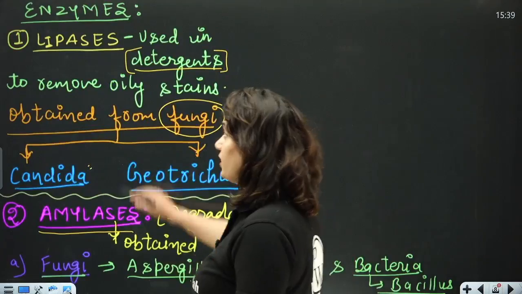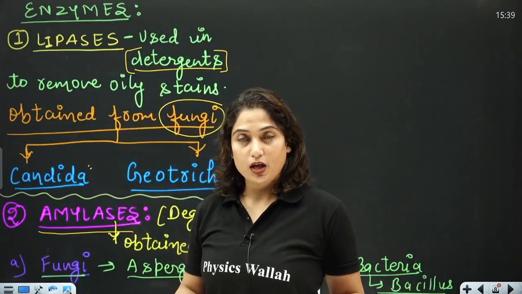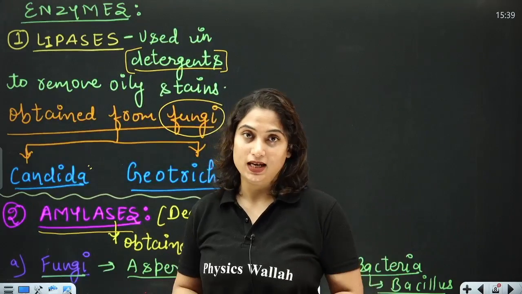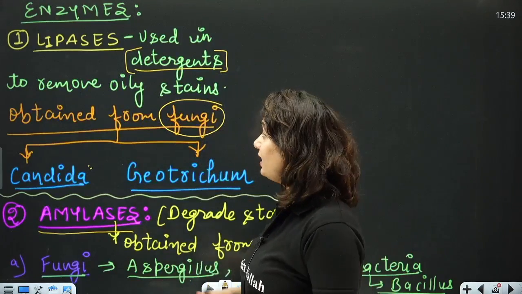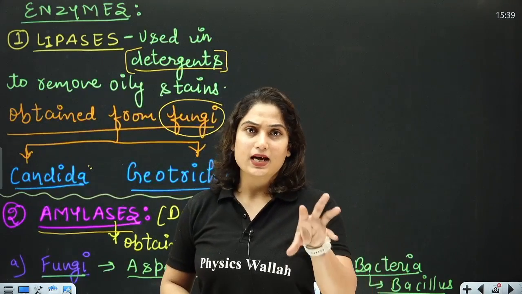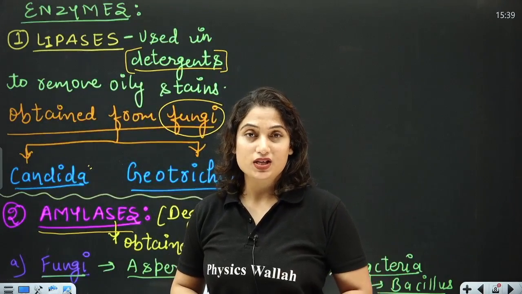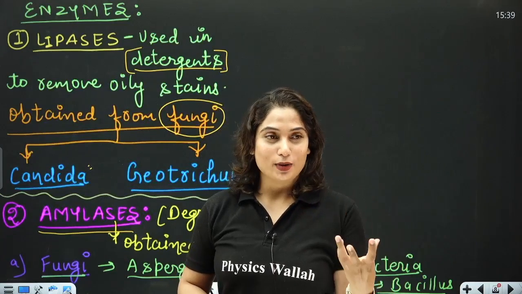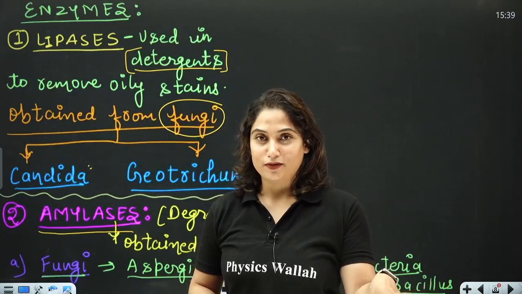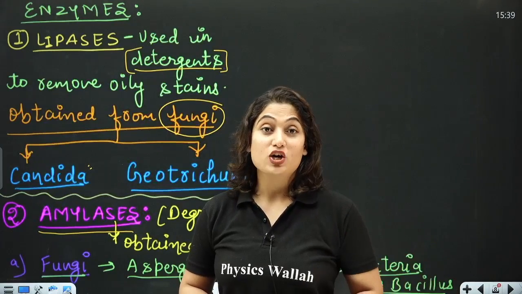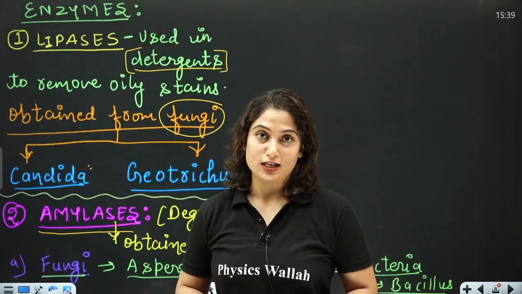Yes. Now there are certain enzymes also which are produced from certain microbes on a large scale in the industries, like lipases. Lipases are the enzymes which are used in detergents. When there is a cloth and there is an oily stain on it, when you wash it with detergent, the oily stain goes away. Why? Because lipases are present in the detergents.